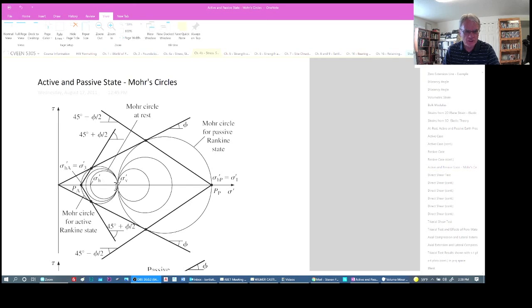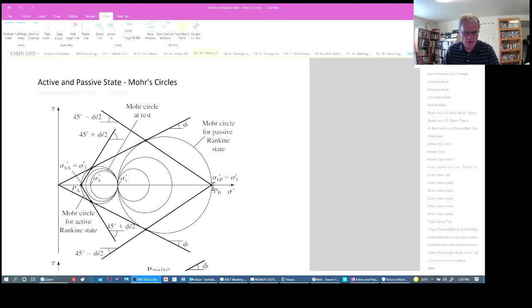And this other diagram here shows a passive case where we're pushing the soil wall into the soil mass. So the horizontal stresses are increasing until eventually we reach where sigma h at failure is reached here once we touch this Mohr failure envelope.